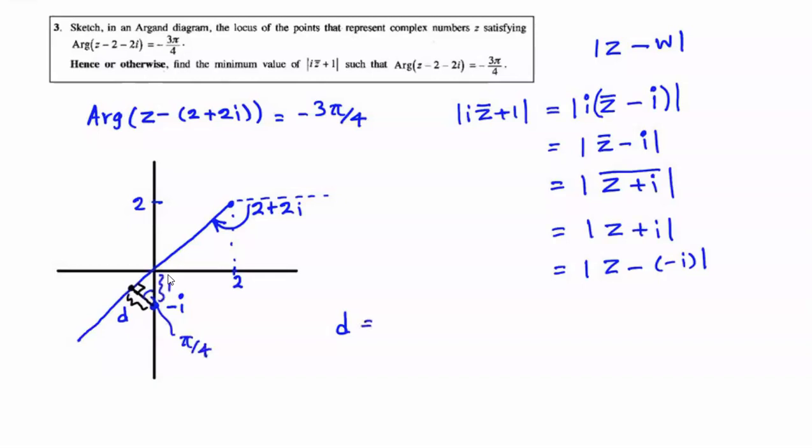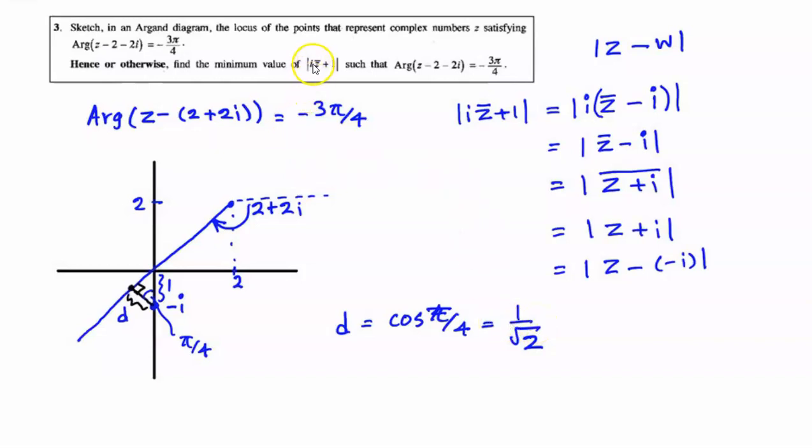Therefore, that d value should be just cosine pi over 4, which is 1 over root 2. And that is the minimum distance between any complex number here and that negative i. And this is equal to this. Therefore, we have just found the minimum value of this particular absolute value of the complex number. Now let me discuss another way to do this problem.